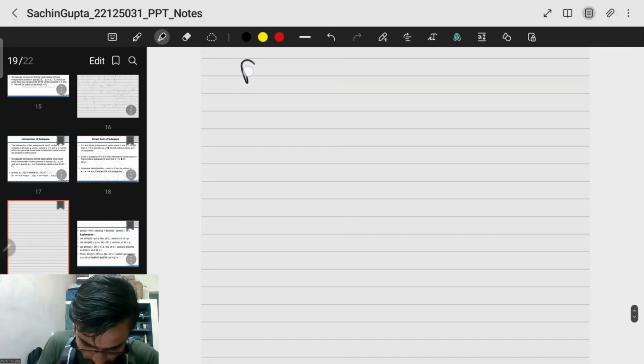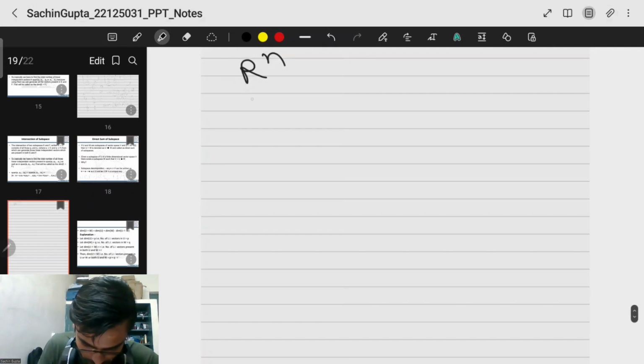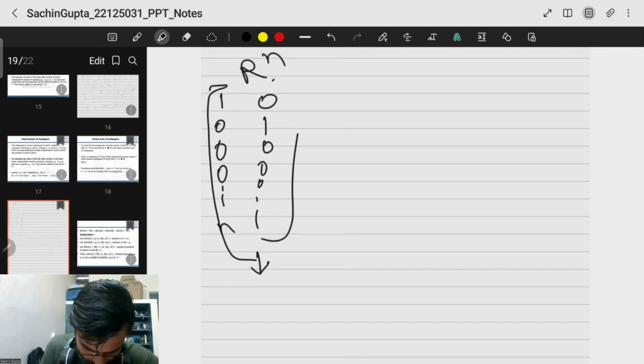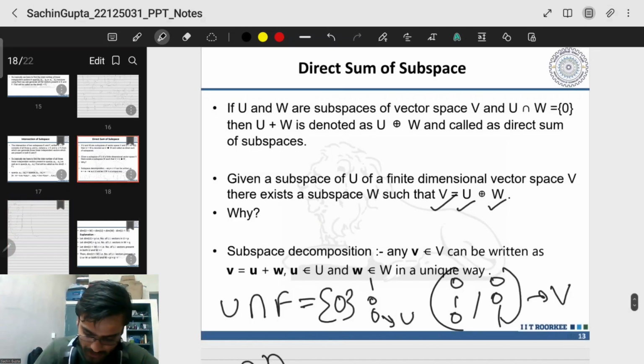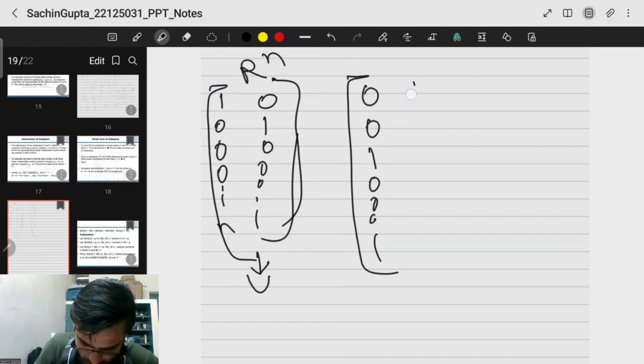Let's take the R^n vector space. In the subspace U, suppose the vectors 0 1 1 0 0 0 up to n entries are there, and in W we want their intersection to be equal to 0, that is, in W these two must not be present, and the remaining ones will be there, like 0 0 0 1 0.